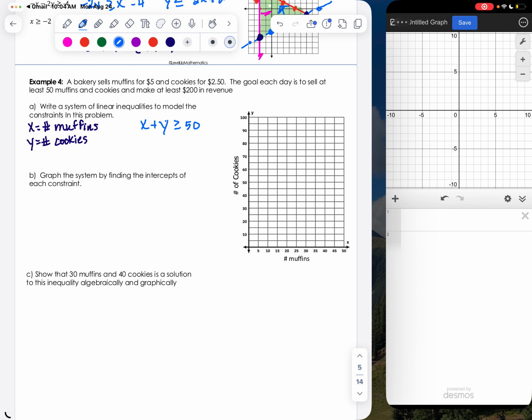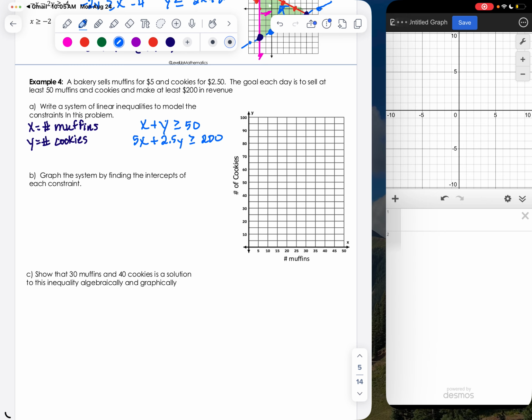All right. Now we're going to write an inequality for the value. So the muffins were $5 each, so 5x. The cookies were $2.50 each, so 2.5y. And they want to make at least, so greater than or equal to, 200 in revenue.